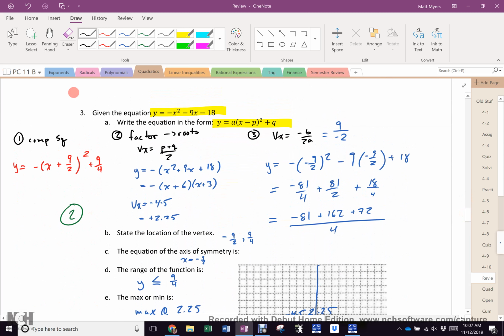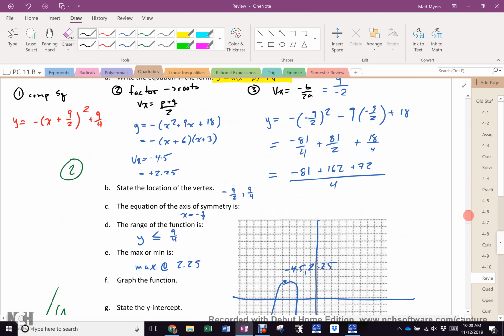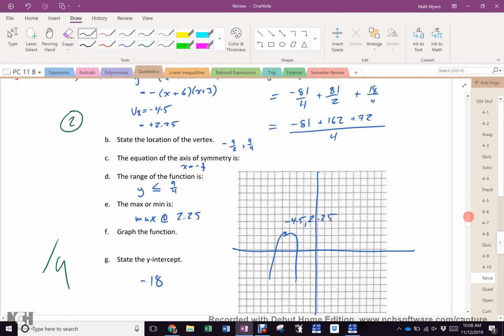So, notice here, please, I have done all 3 methods. I do not care which one you used to put the equation into vertex form. Don't care at all. You use the one you like. Now, 1, 2, 3, 4, 5, 6.